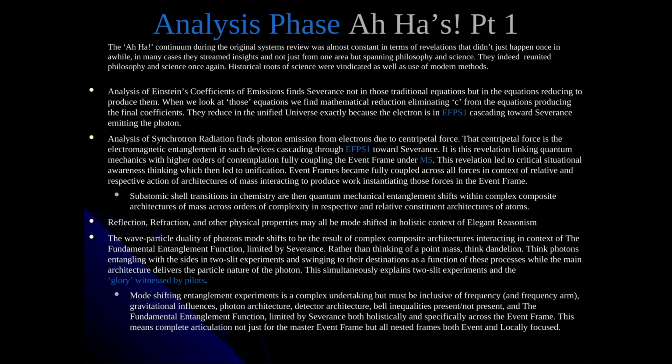But the architectures of mass are not like baseballs or golf balls. They're not hard point objects like a point mass might be considered, with composites inside it in terms of how those objects are created. They're more like dandelions. They're wispy in some cases, and it is that wispiness of the character of the architecture that creates the illusion of wave-particle duality.